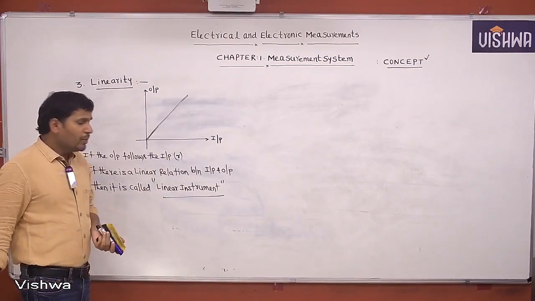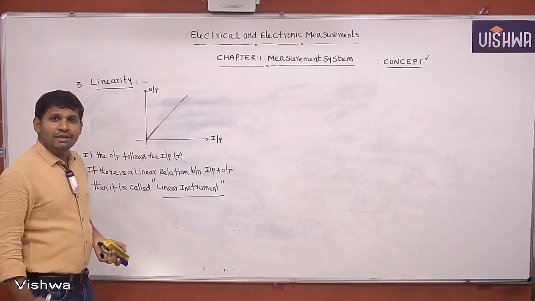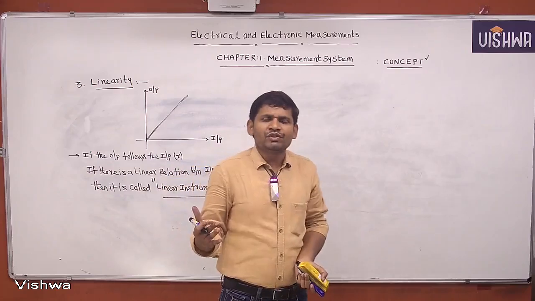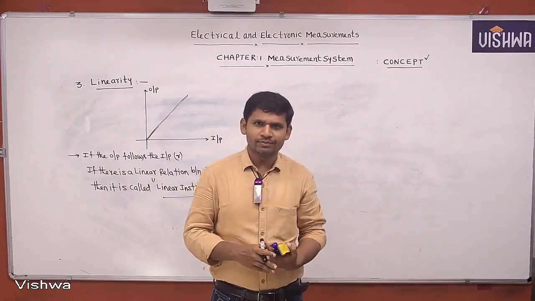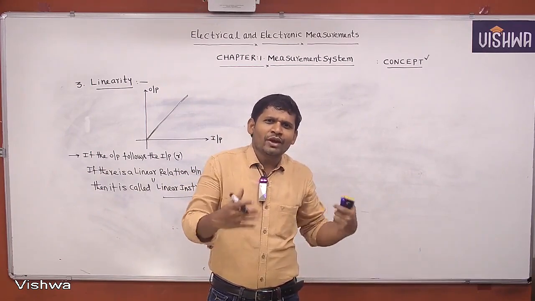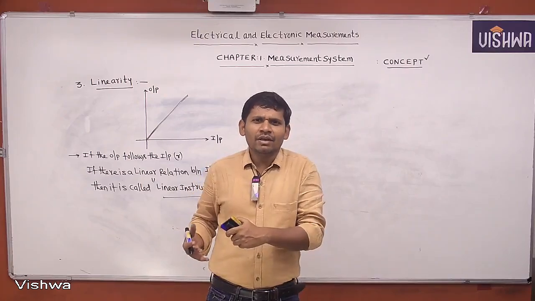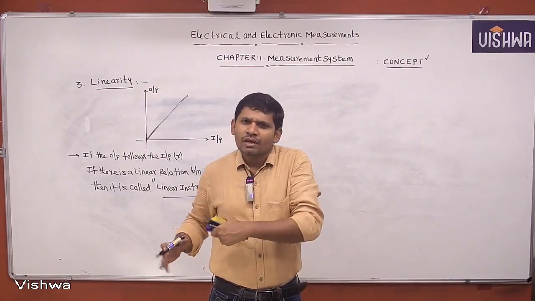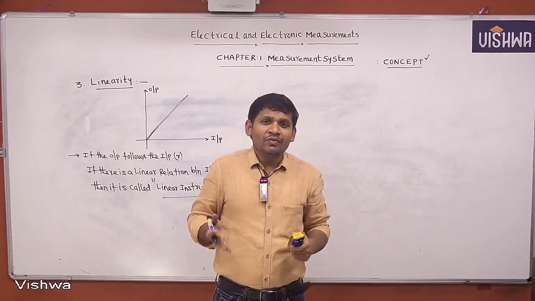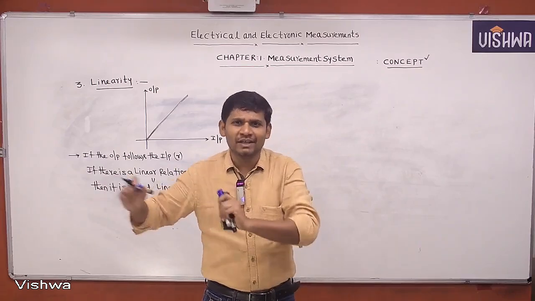But the point to remember here is that linearity is not a necessary condition. It is a sufficient or desirable condition only. For example, when we are designing any instrument, if linearity is possible, then you take linear. That is preferable, no doubt at all. But if linearity is not possible, don't think we don't want to design that instrument.